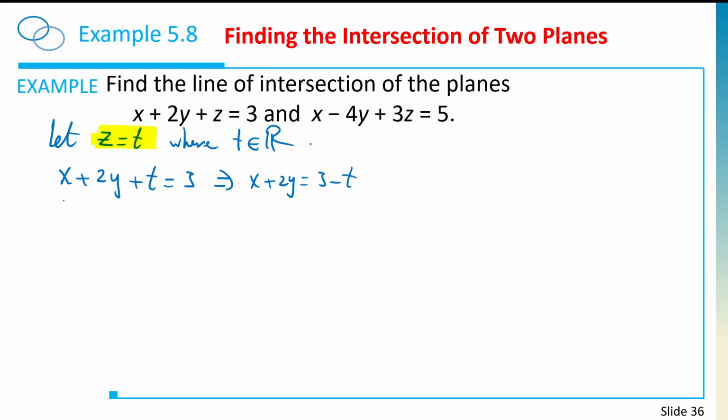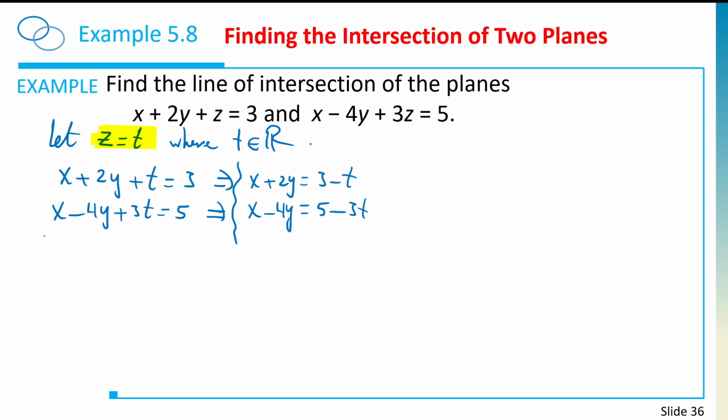I'll do the same in the second equation. x minus 4y plus 3t equals 5, which means that x minus 4y equals 5 minus 3t. Now I have this system. Remember, t is a constant for us. It's only a parameter.